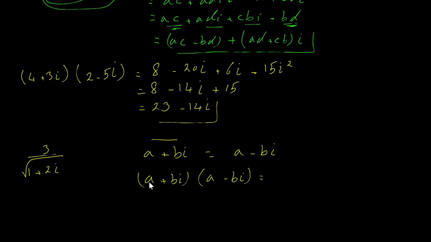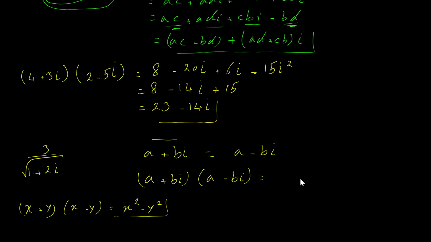So we can expand it the same way that we had it here, or we know that x plus y multiplied by x minus y is equal to x squared minus y squared.